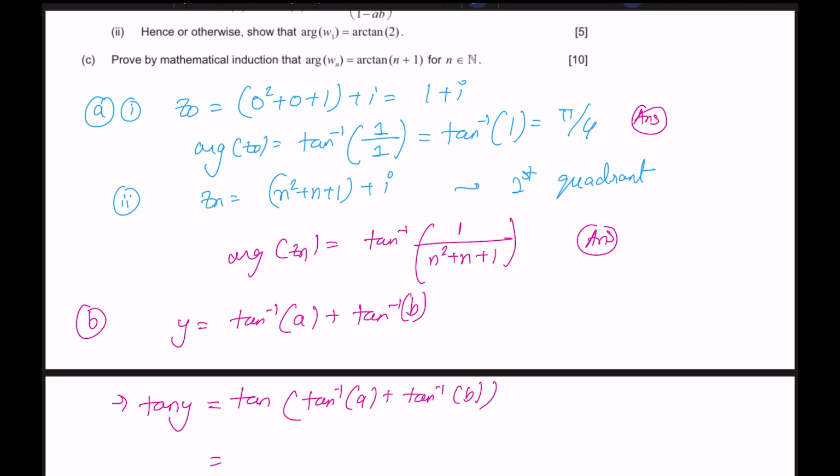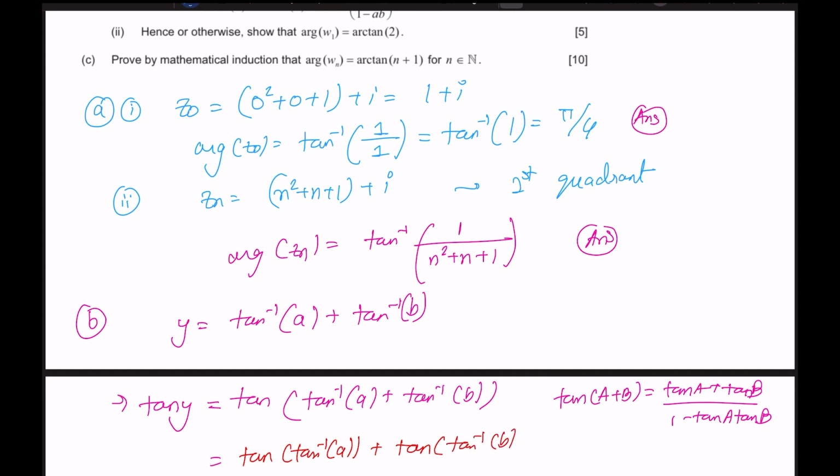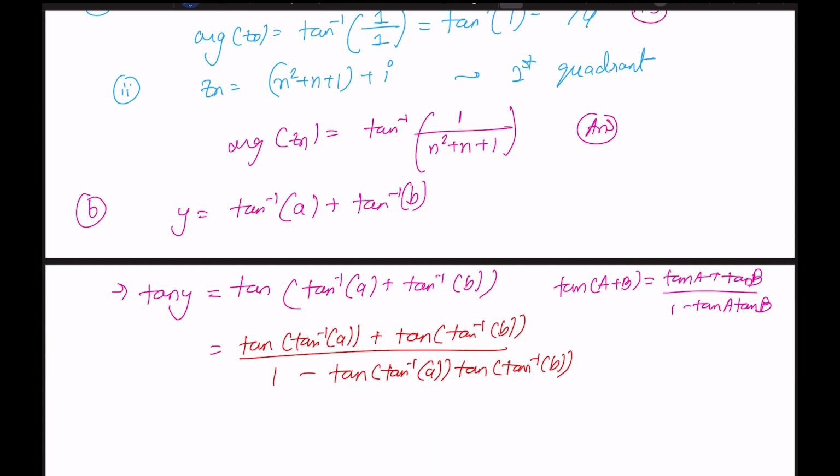Basically these are two angles A and B, and we know that tan of (A plus B) can be written as (tan A plus tan B) divided by (1 minus tan A tan B). Applying the same formula here, we get tan Y equals tan of tan inverse A plus tan of tan inverse B, divided by 1 minus tan of tan inverse A times tan of tan inverse B. Simplify this: tan of tan inverse A will be A, tan of tan inverse B will be B. So tan Y would be (A plus B) by (1 minus AB), so Y would be tan inverse of (A plus B) by (1 minus AB).